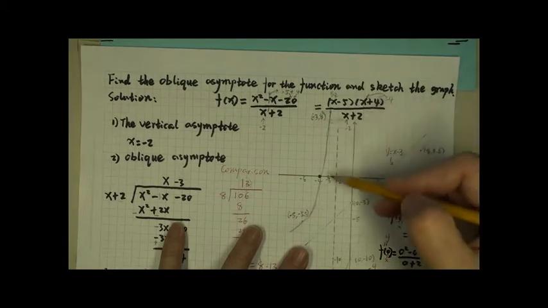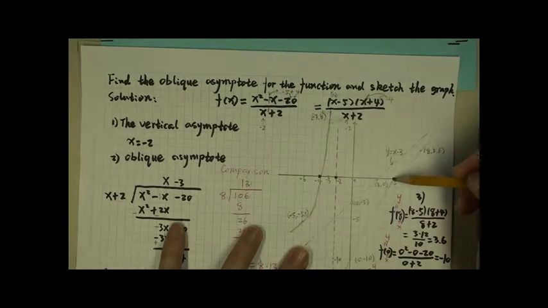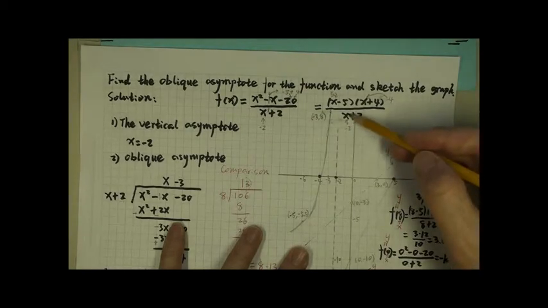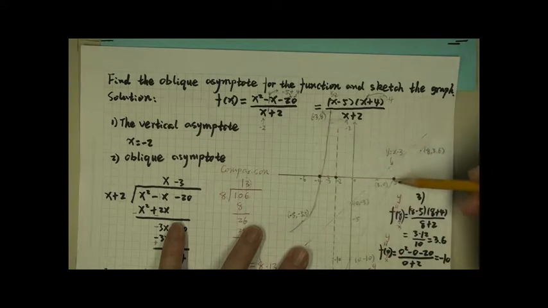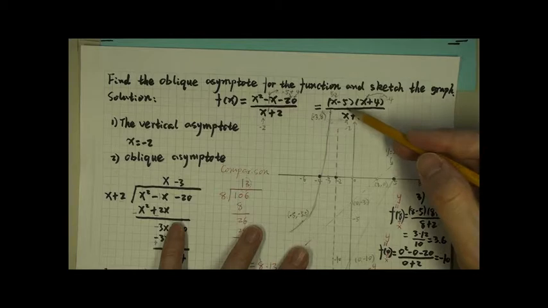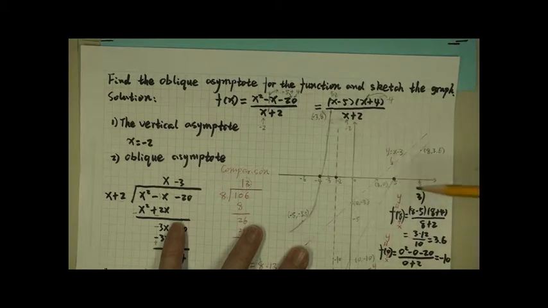X equals negative 4 is right here. X equals 5 is here. And negative 2 is a vertical asymptote. You basically have 3 points: negative 4, negative 2, and positive 5.